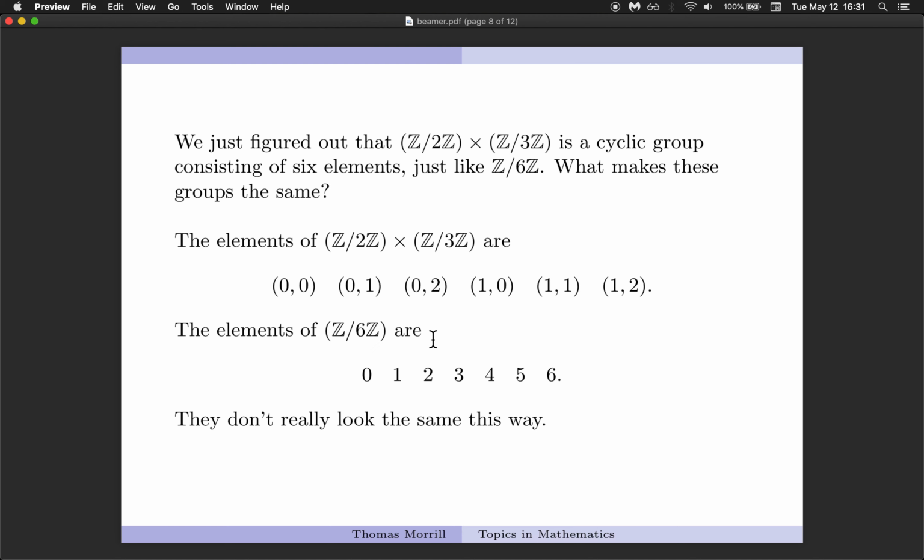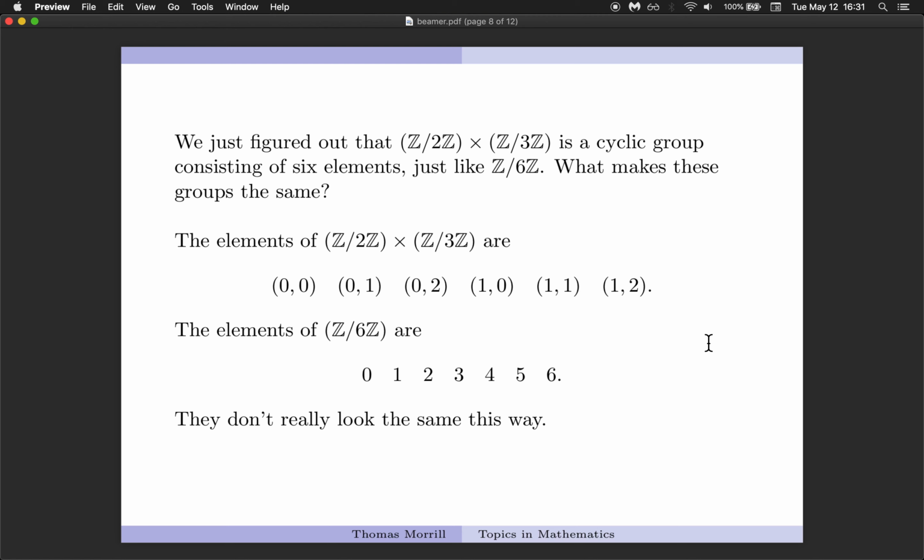There are 6 elements of Z mod 6, those being 0, 1, 2, 3, 4, and 5. 6 is a residue that is equivalent to 0 here. So I actually have an extra one on my list. I'll fix that in the version of the slides I post online.